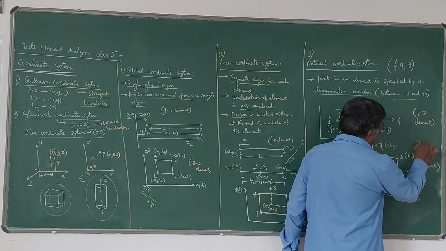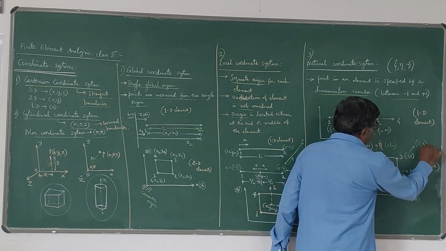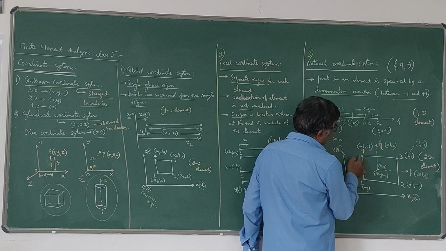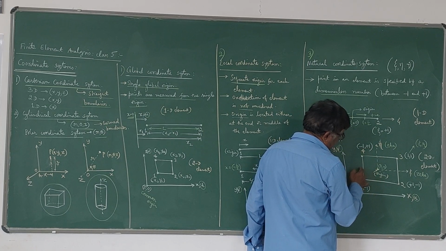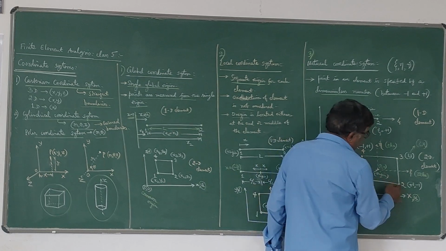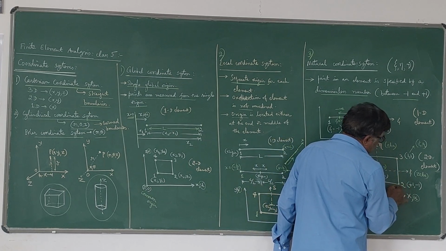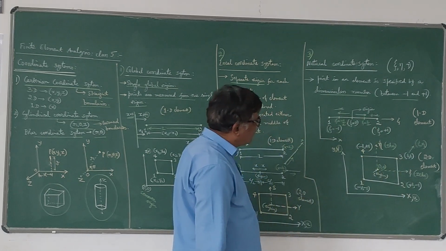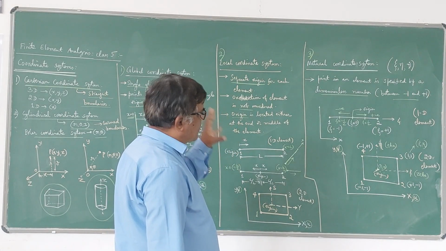So this coordinate is zeta, eta. Similarly, if you take this point, zeta is -1, eta is +1. For this point, both are -1: zeta is -1, eta is -1. Here for node 2, zeta is +1 and eta is -1. Like that you can write the natural coordinate system.